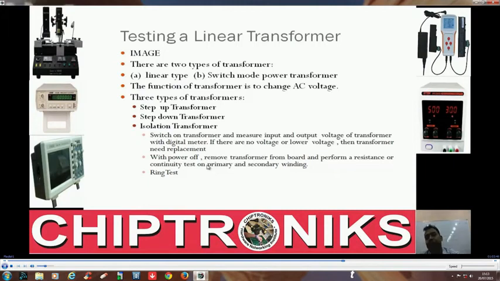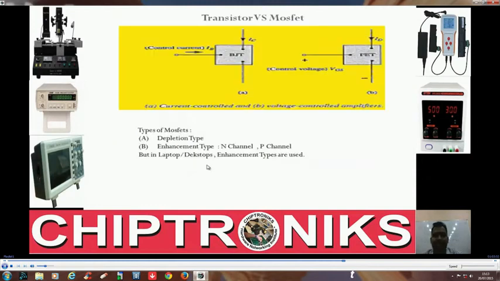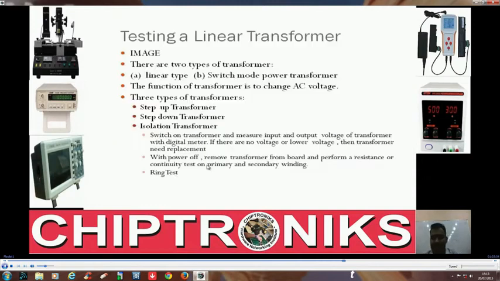Similarly in a transformer we'll also do the resistance and continuity check. And there is also a ring test, but we'll not focus on that. There is a device for a ring test, but I think the continuity check and resistance check is quite good for checking a linear transformer.